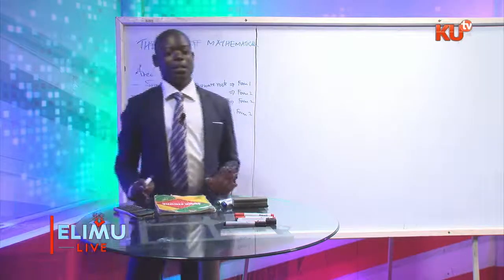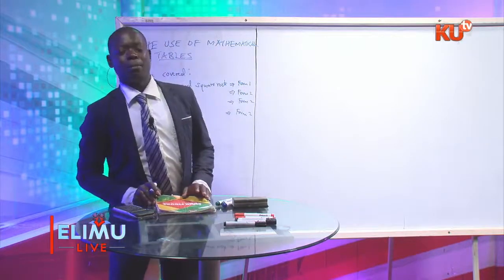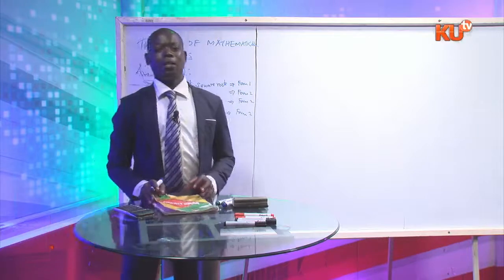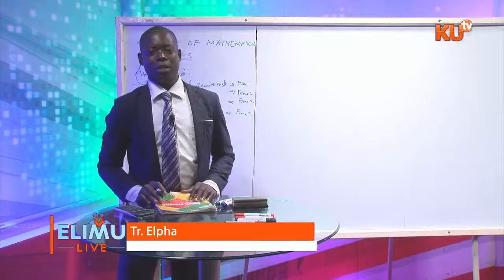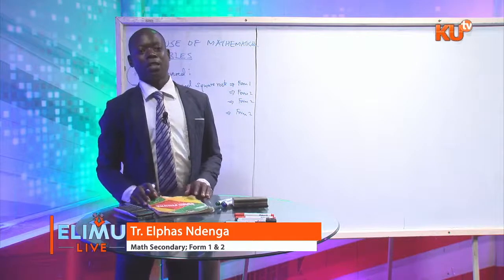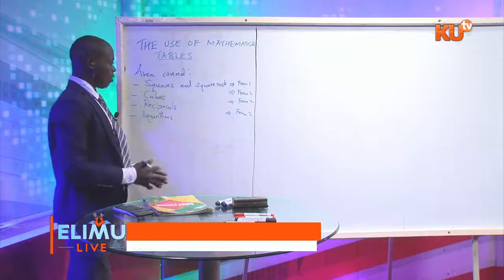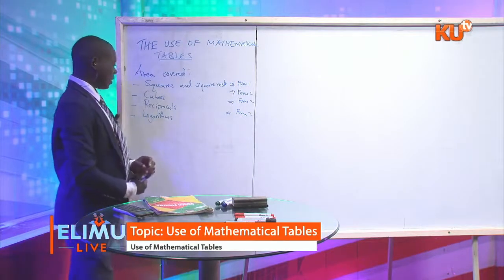For Form 3s and Form 4s, we also have aspects on trigonometry that require the use of mathematical tables by reading the columns of sine, cosine, and tangent. But for our lesson, let's concentrate on these 4 areas.